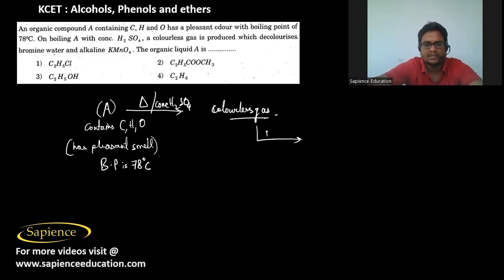So it means that it reacts with bromine water and gets decolorized, and it also reacts with alkaline KMnO4, meaning OH minus is there, and that also is decolorized.